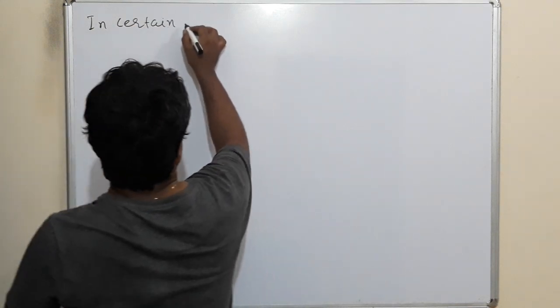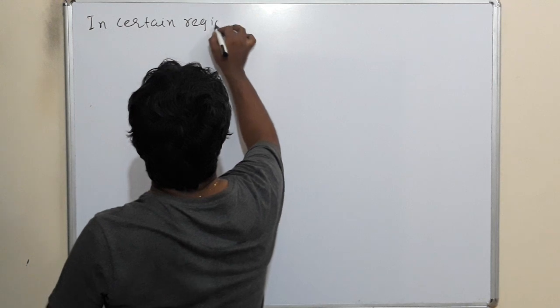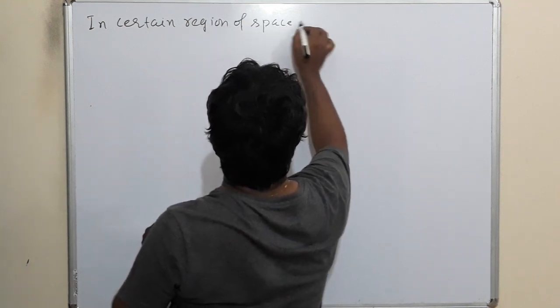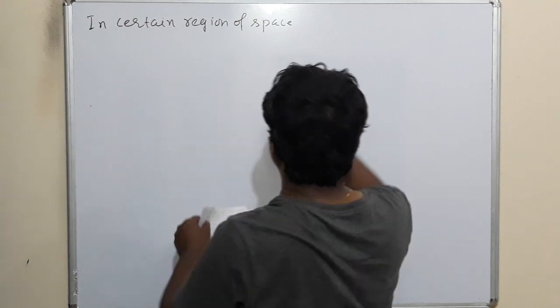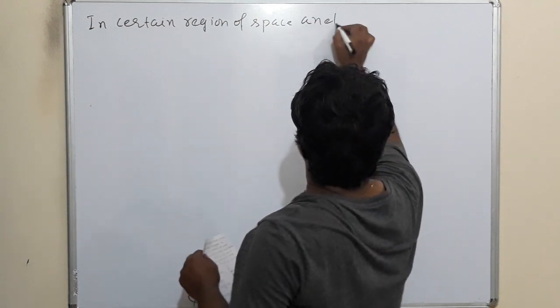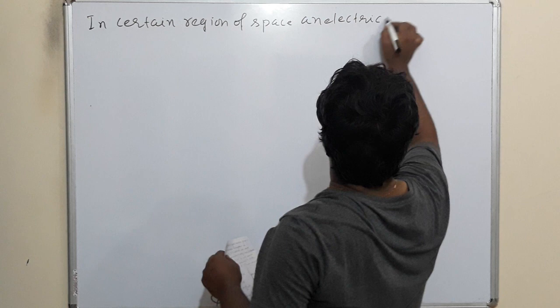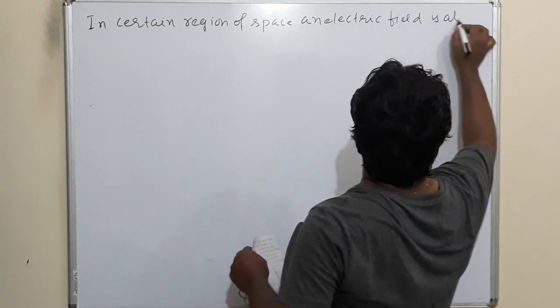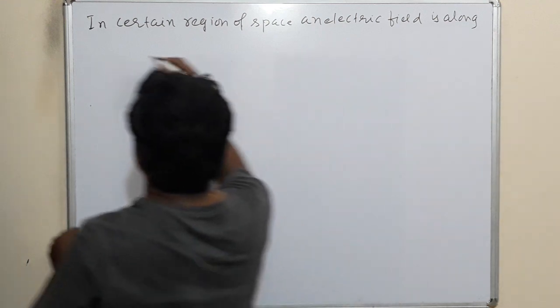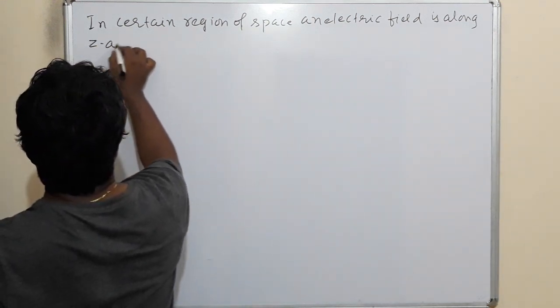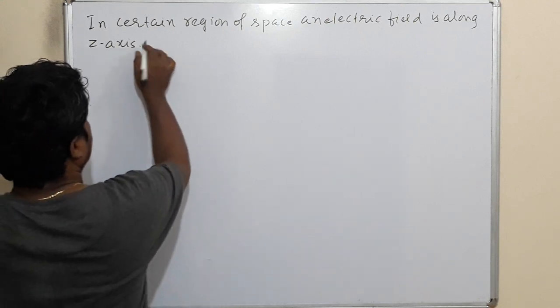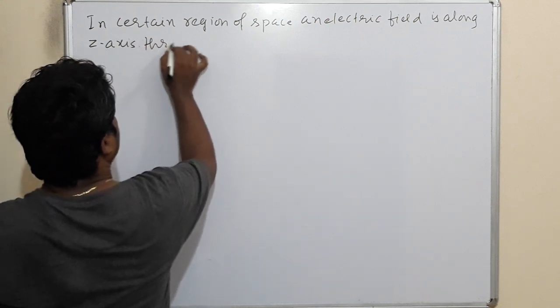See, in a certain region of space, an electric field is along z axis, okay, z direction, throughout.